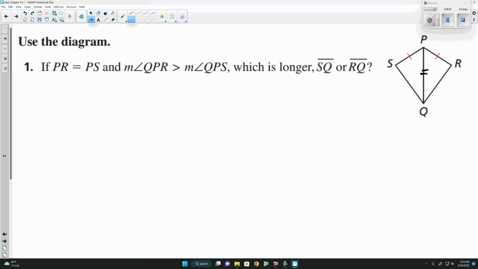So we know that this is congruent. Now we're saying QPR is bigger than QPS, smaller. RQ is longer.